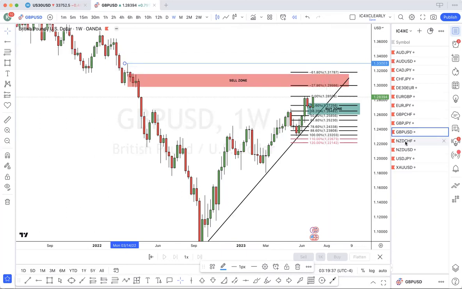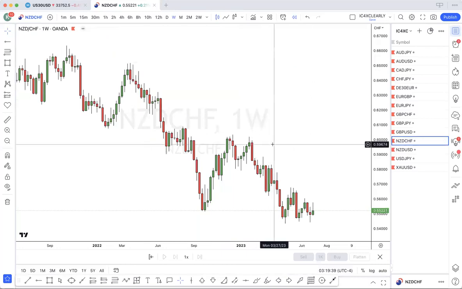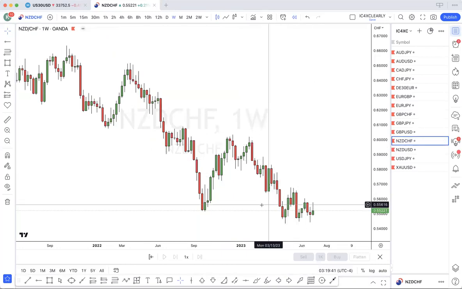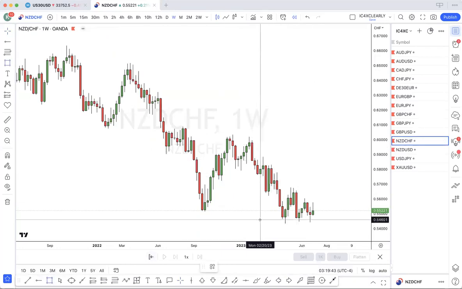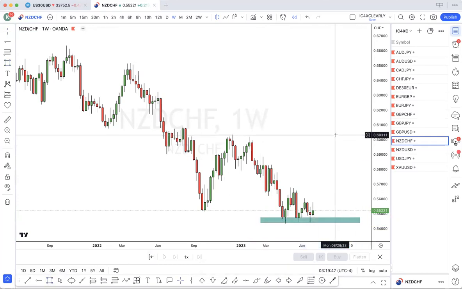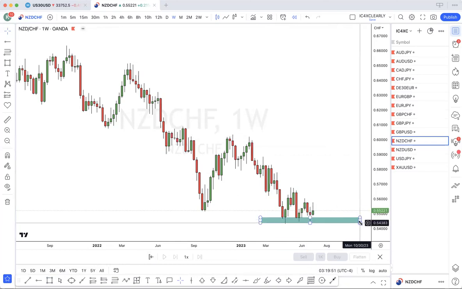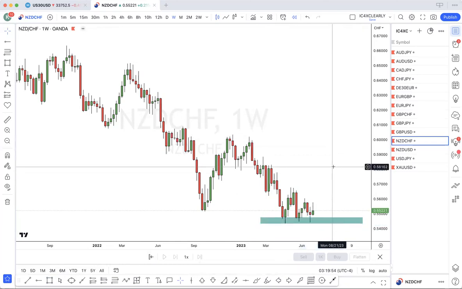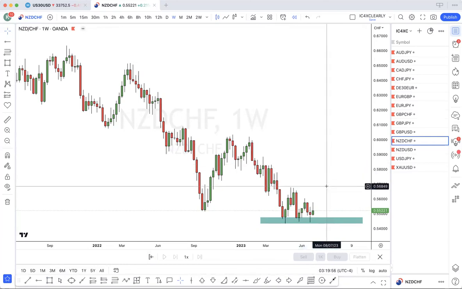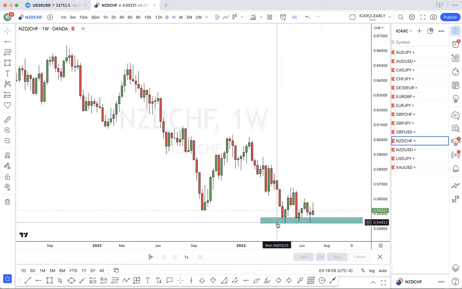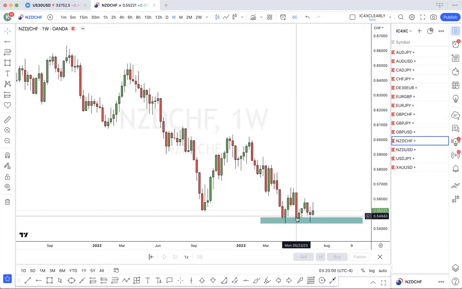Okay. NZD/CHF, we had a weekly bullish order block. You had these lows here, price is rejecting.